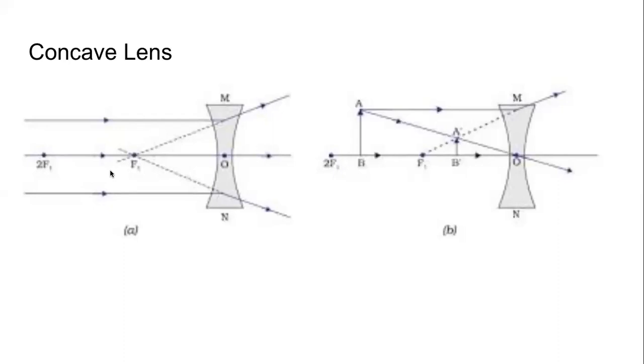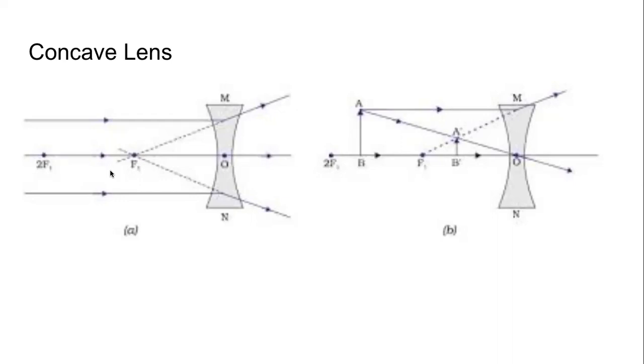Object at infinity is situation 1. What is the result? The image is formed on the same side of the lens. Image is a point image. Image is a virtual image. And image is an erect image. Everything.